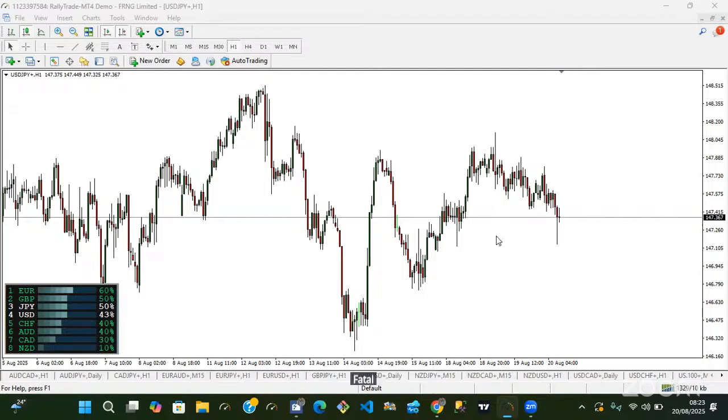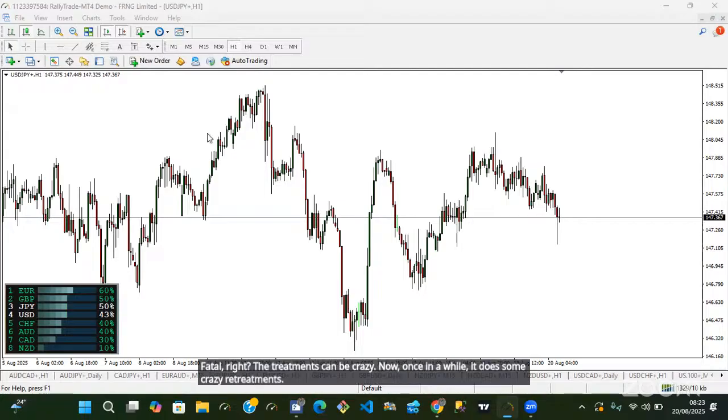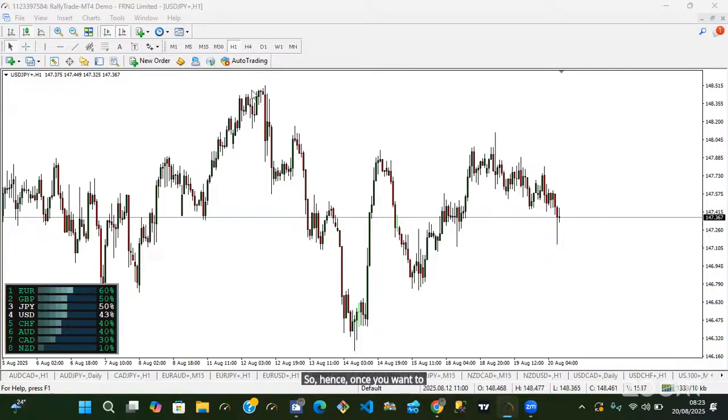The retracement can be crazy. Once in a while, it does some crazy retracements. So once you want to trade USD JPY, or in fact, I generally teach this majorly, you want to look out for the higher time frame perspective, where price is going, your directional bias, and where price is most likely to pull back to in case of a major pullback.